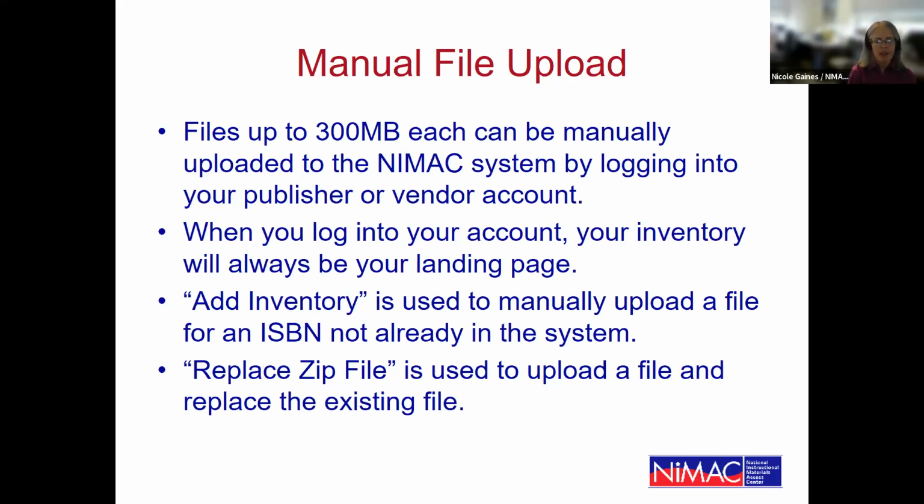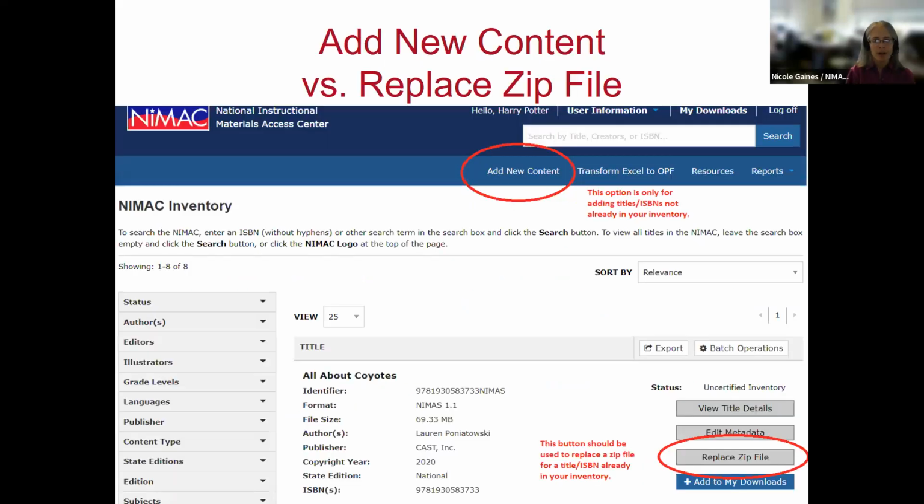If you have a file that you want to replace for an ISBN that's already in there, you can search for that file, or if you have a very small inventory, you might even be able to just page to it. You will have a replace zip file option for any file in your inventory that's not already certified. That's what you would use to replace something that, for example, is in your uncertified inventory.